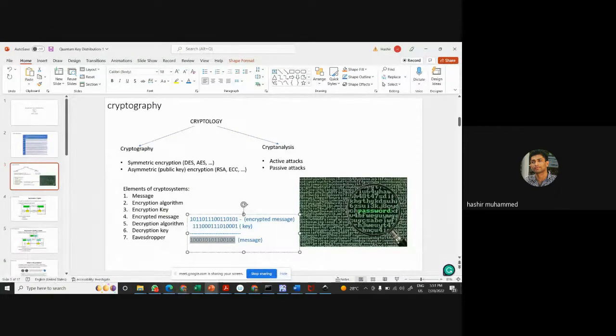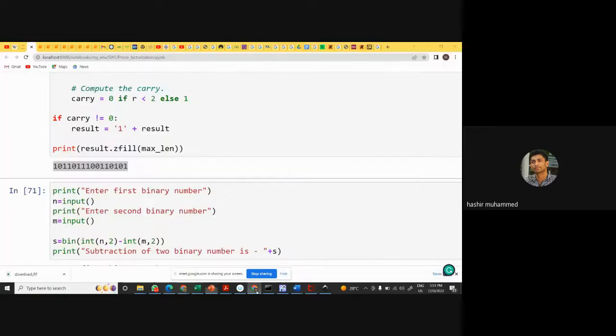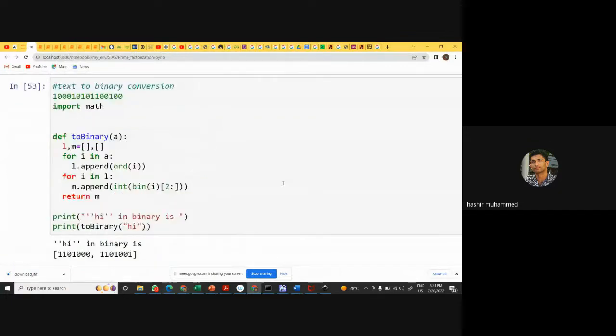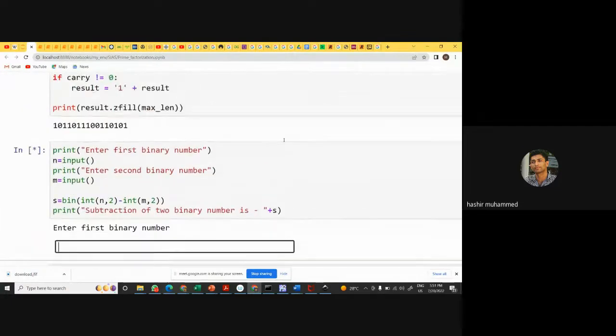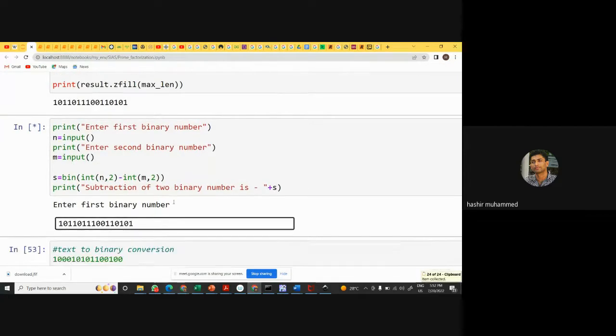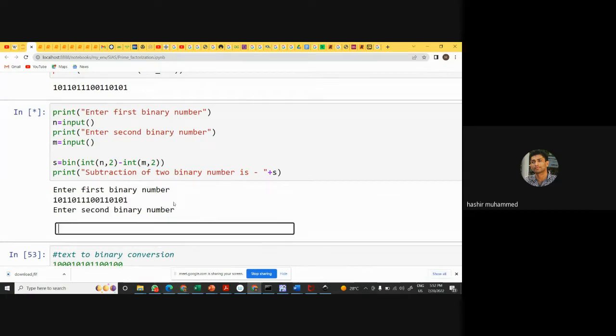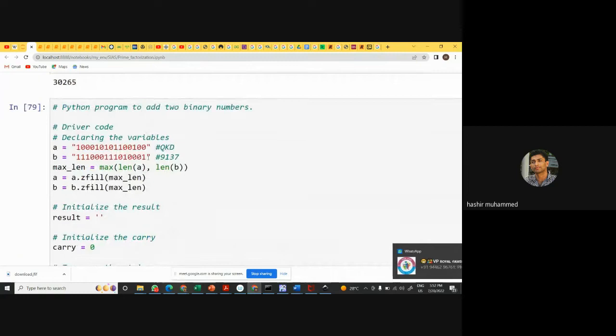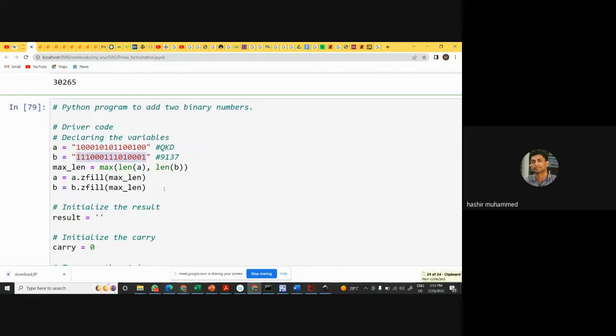If a person doesn't have the key, they cannot subtract. For example, here I use the encrypted data. This is the encrypted data. I am subtracting the key. This is the receiver side, for example. This is the key, known only by you and me.